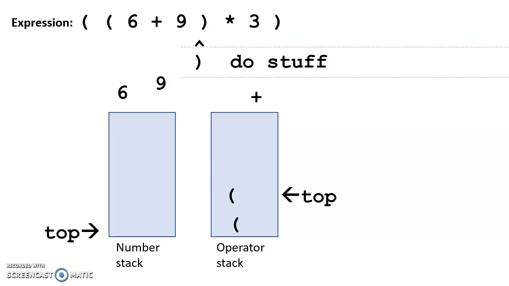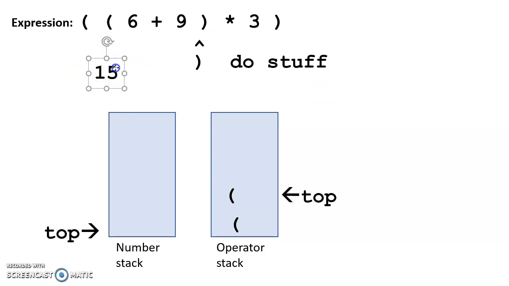Since it's plus, addition, we'll add the two together. We come up with 15. Let me just toss these aside, just getting them out of the way for right now. So we carried out that operation, and now the value 15 goes onto the number stack.